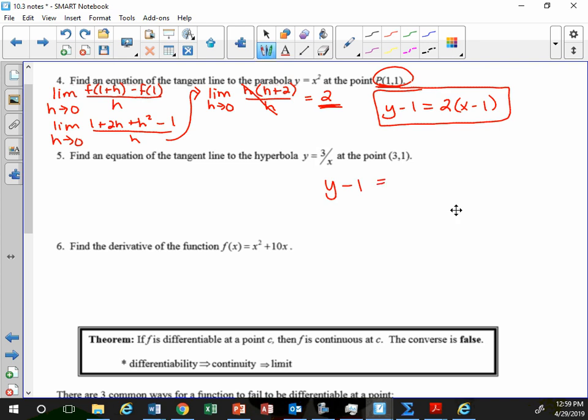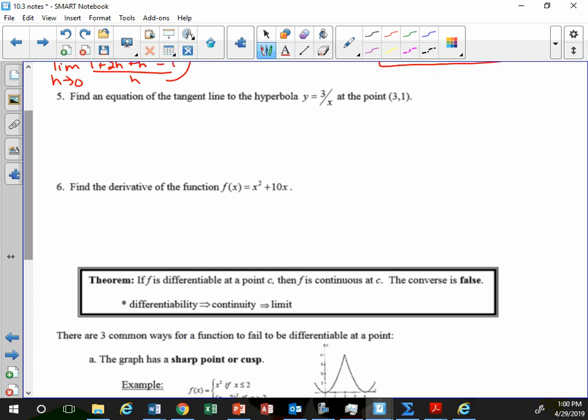All right, y minus 1 equals, what'd you get for slope? Yes, negative 1/3 times x minus 3. How'd we do? Good. You guys get it, or are you still working? Yeah, absolutely. All right.